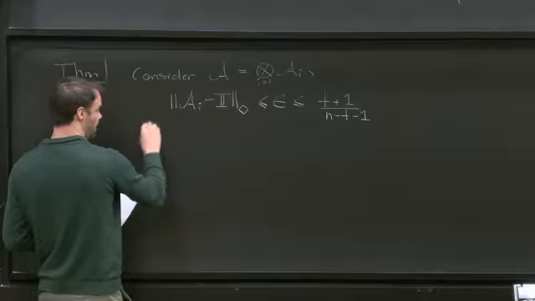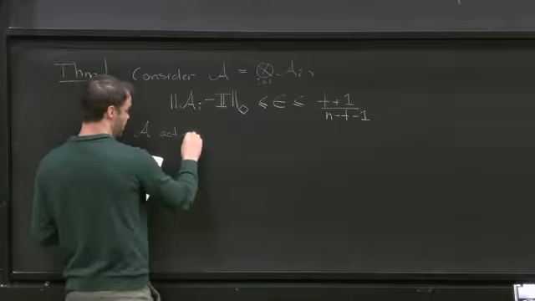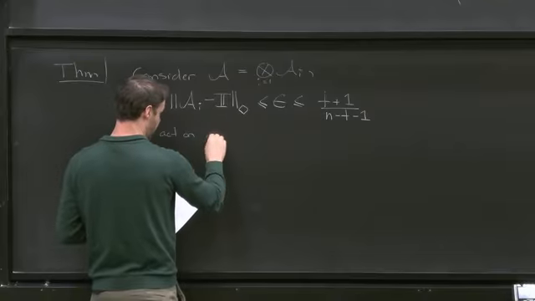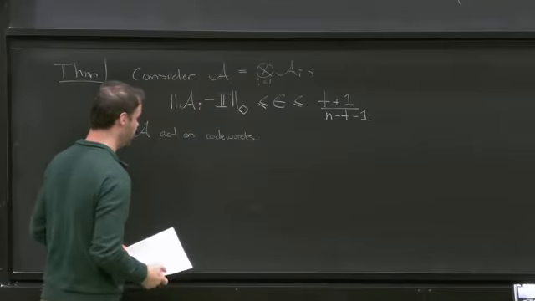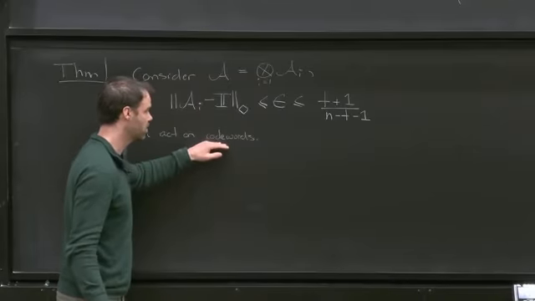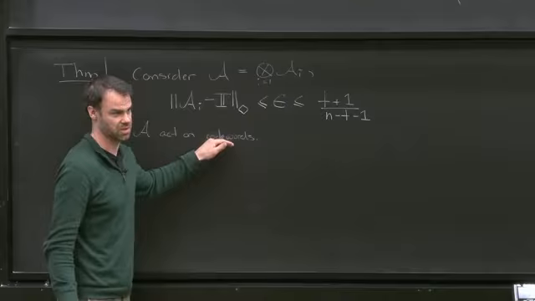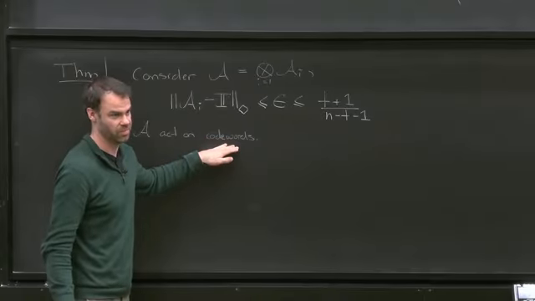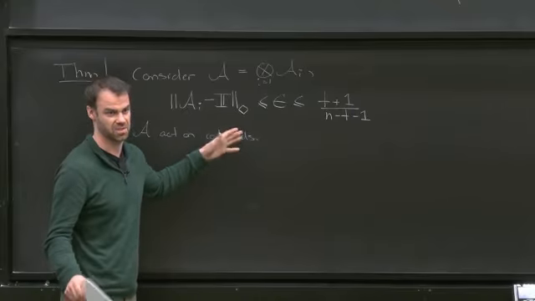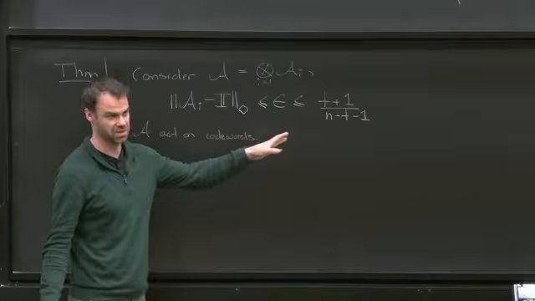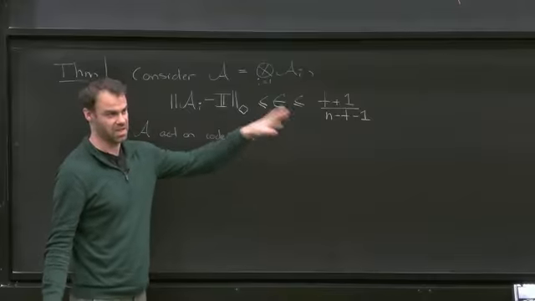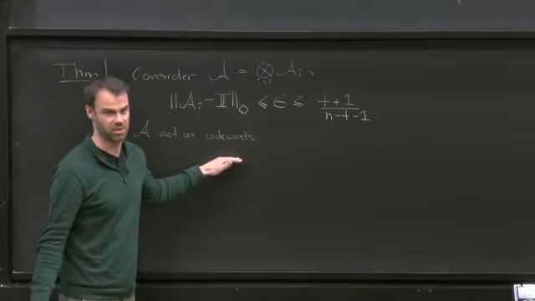And then A is going to act on the code words. So I feel like I keep using this, but maybe I haven't actually said what it means. The code words are just the images of the logical space in the encoding. So I take some state in my logical space, I map it through this isometry into the physical space, and the states that I get there, I just call code words.